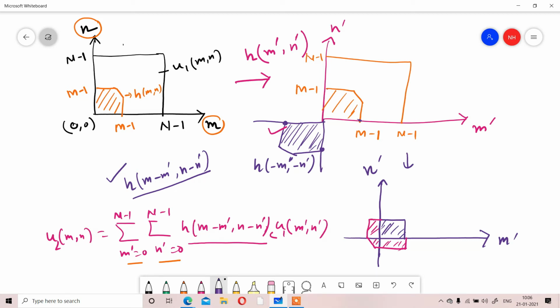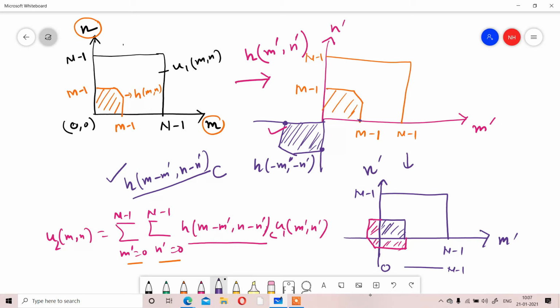Now what we are trying to do, you have to do the circular convolution, which means the range is defined from 0 to N minus 1. So whatever the value of h only exists for 0 to N minus 1.